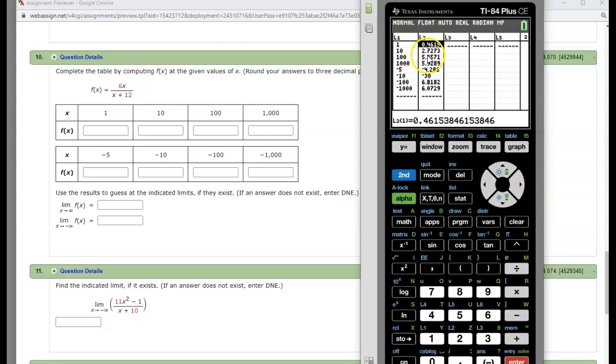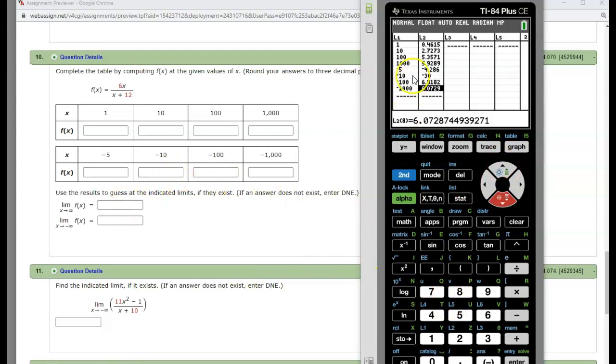So I can see what these values are. They want the answer to 3 decimal places. So if I scroll down here, I can see 3 decimal places. So negative 30 was actually negative 30. And then these become small values. So you can see what the answers are going to be based on what's happening from infinity to negative infinity.